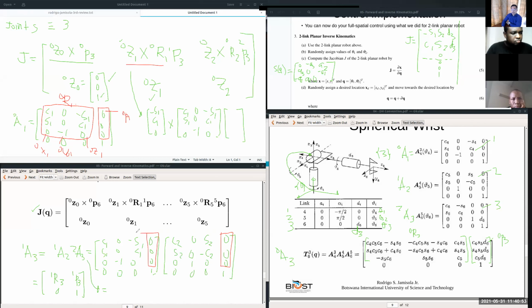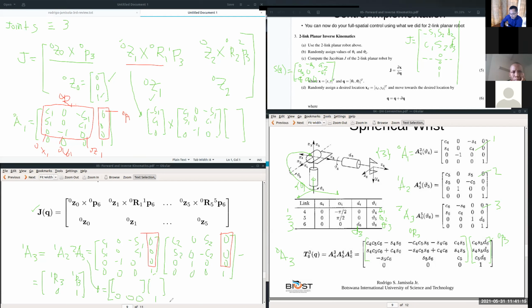Anyway, we will only concentrate on the result of this part. Let's not compute the rotation; we only compute the position part. So how do we do this? Which part will we be computing?